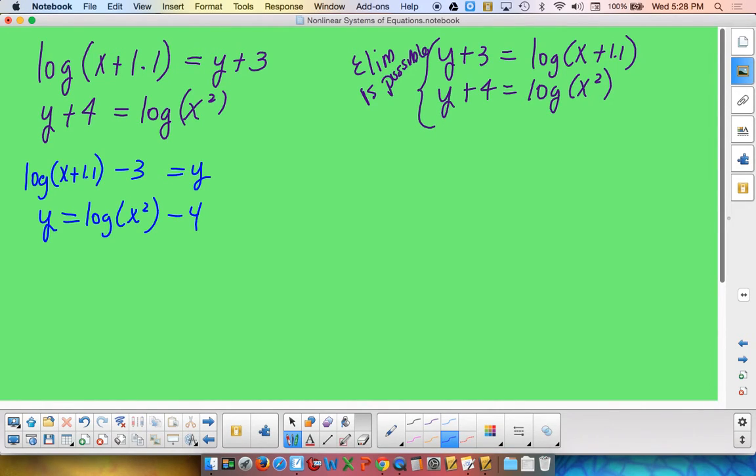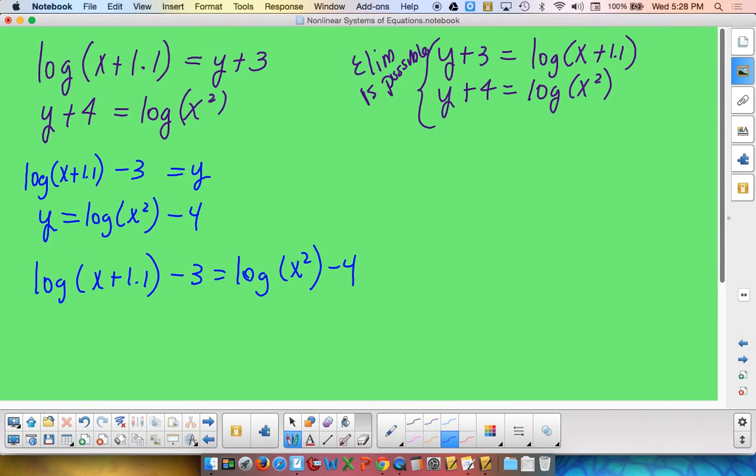Okay, if I have them both as y equals, essentially it's substitution in place of y, but really if they're just y equals, aren't they equal to each other? So in reality, all I really have to do is just set these equal, if I can get them isolated as both equal to y.